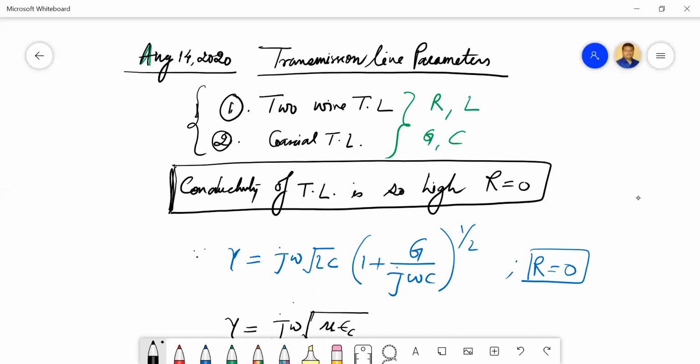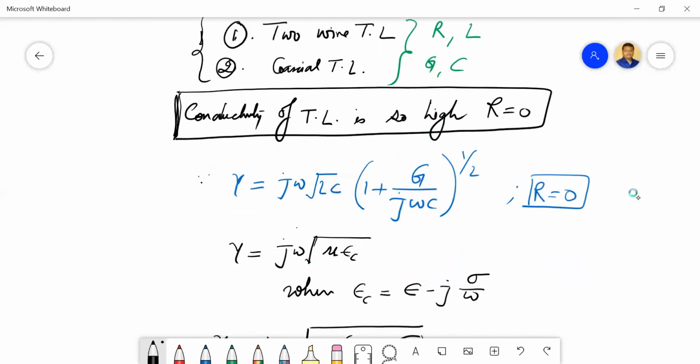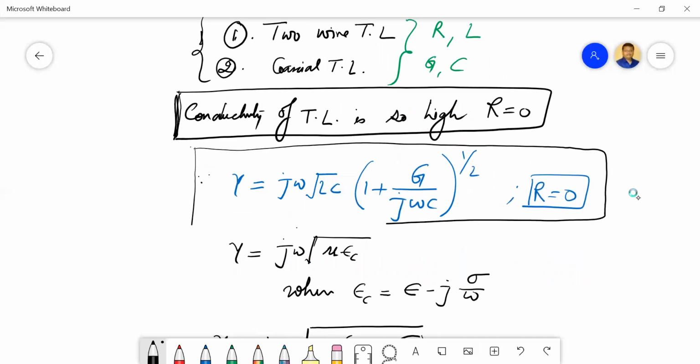So in this derivation, let us assume that the conductivity is very high, and if so, one can assume R is equal to 0, meaning the ohmic losses are 0. Now from the previous classes, we already have the idea about the propagation constant, and here you can see the definition of the same.